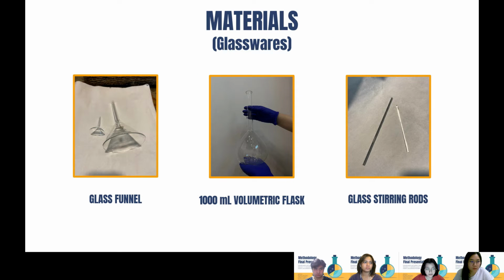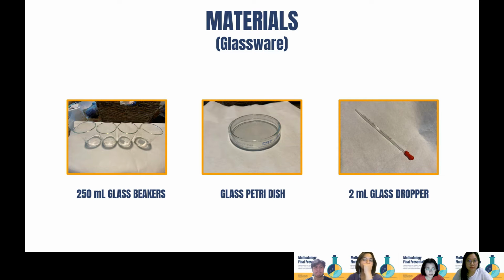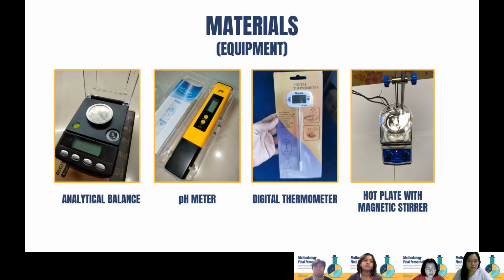For the glasswares: glass funnel, 1000 milliliter volumetric flask, glass stirring rods, 250 ml glass beakers, glass petri dish, 2 ml glass dropper. For the equipment: analytical balance, pH meter, digital thermometer, and hot plate with magnetic stirrer.